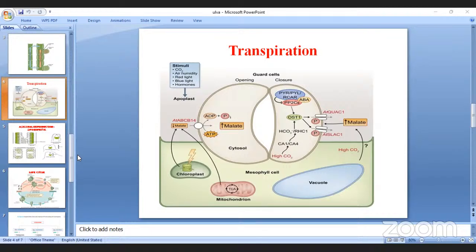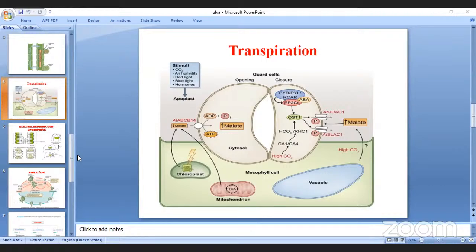Now, where is it a constituent? Nitrogen is a constituent of amino acids, proteins, coenzymes, nucleic acids. What is the building block of protein?